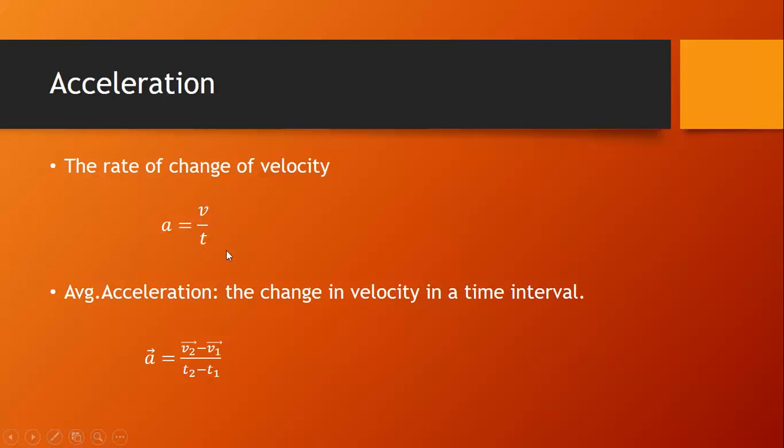Let's say a ball is falling from a building. The velocity of the ball is changing with time, that we know, which means the ball is accelerating. When we drop the ball from a building, the initial velocity of the ball is 0.